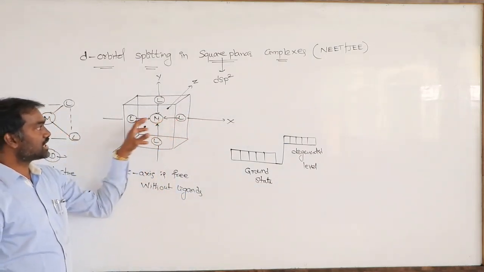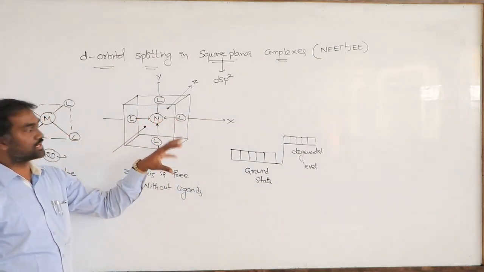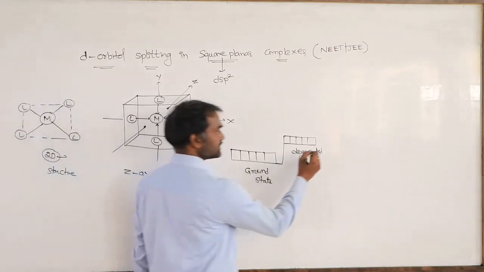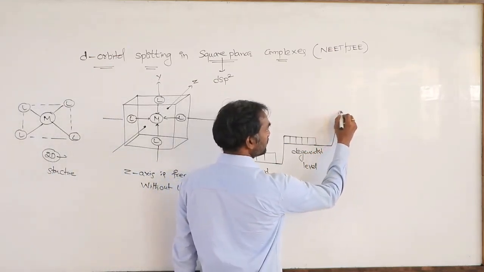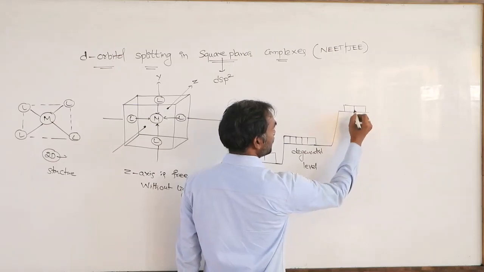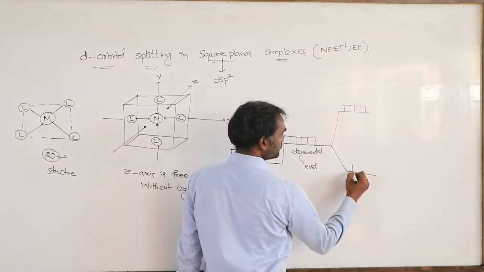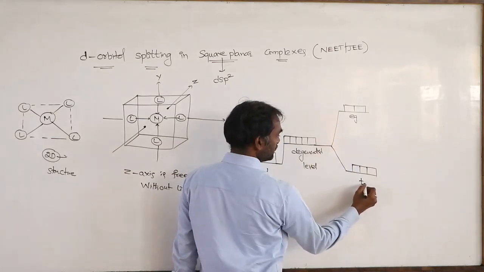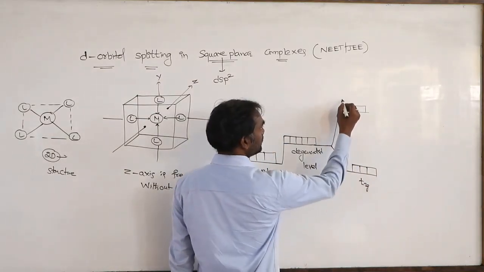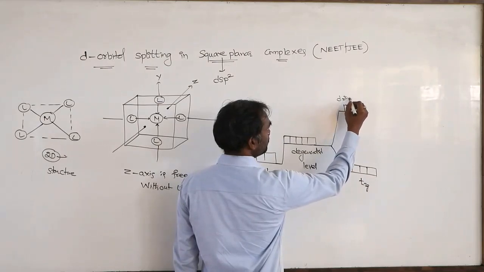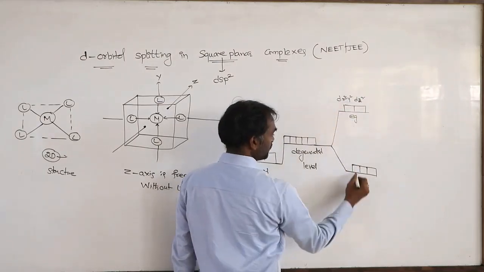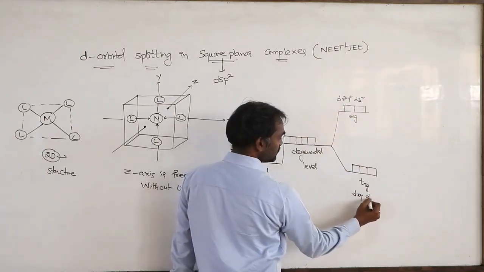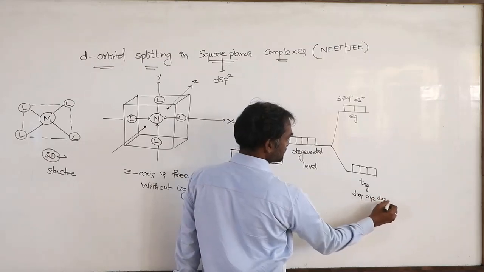Next, the ligands are approaching the metal on the axis. Who are present on the axis? The eg orbitals. That's why the eg orbitals go above. So eg and t2g: eg are dx square minus y square, dz square; t2g means dxy, dyz, dxz.